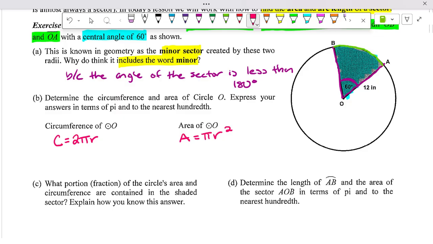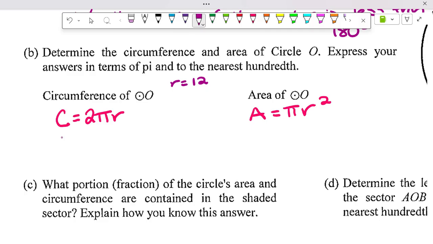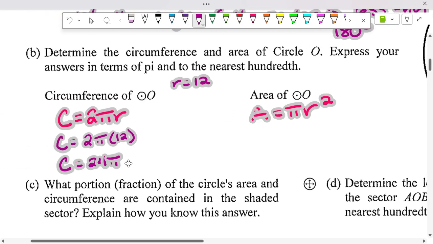Okay, so now let's actually find the circumference and area of the circle. So using this formula, we know my radius is equal to 12. So for both of these, r is going to be equal to 12. So I'm going to plug this in. So c is equal to 2 pi times 12. What's 2 times 12? 24. So c is equal to 24 pi inches.